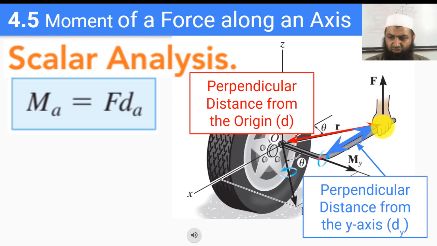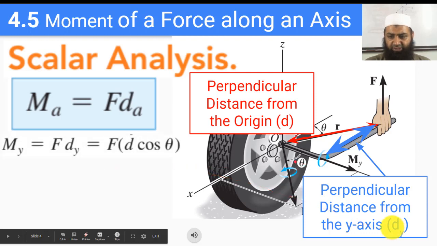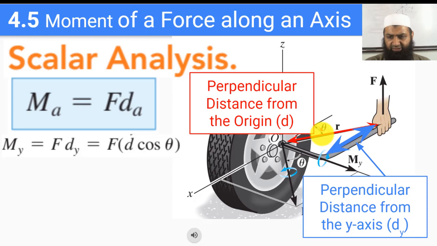This is the perpendicular distance from this axis, and because this axis is the y axis, our formula would become the force times the perpendicular distance from the y axis. If this angle is theta as shown here, and this length is d, then this smaller length would just be equal to d times cos of theta, because this angle is also equal to theta.